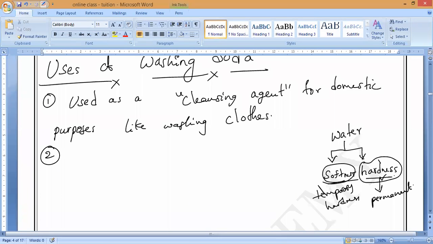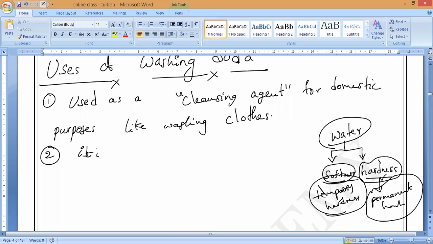We can use some chemicals to remove the temporary hardness of water, and some chemicals to remove the permanent hardness of water. For permanent hardness we use washing soda, or sodium carbonate. All of you remember that. So sodium carbonate is used for removing permanent hardness of water.